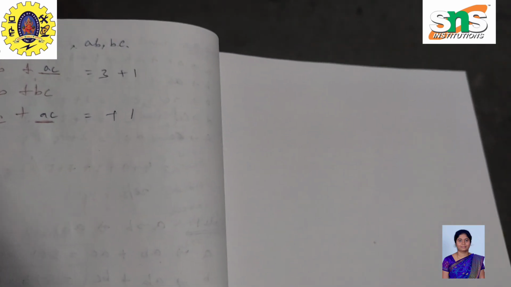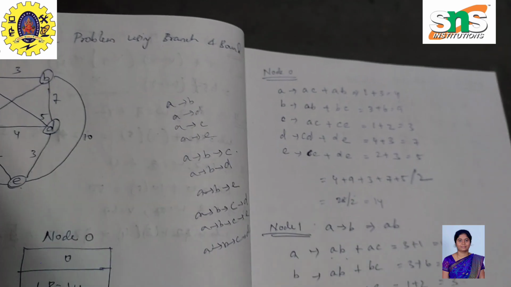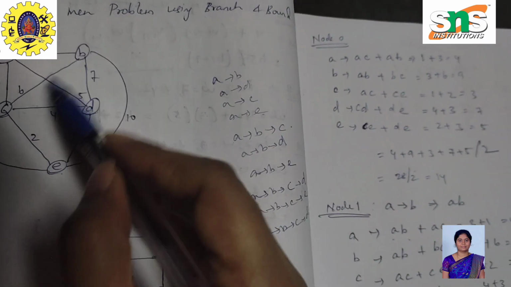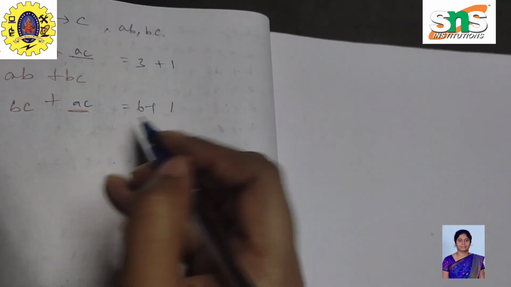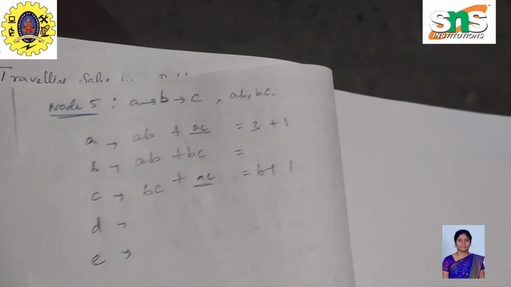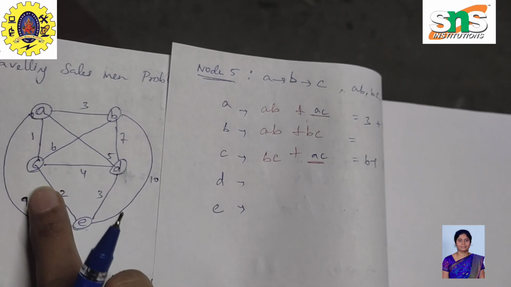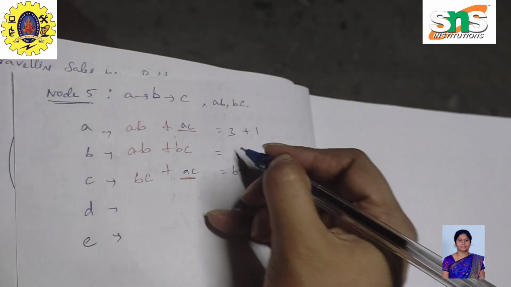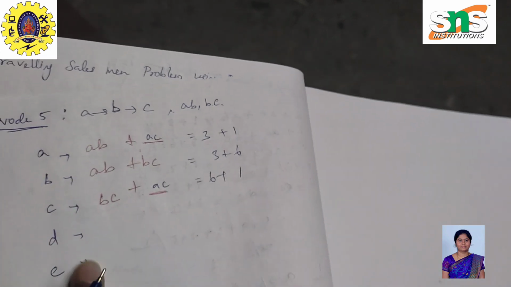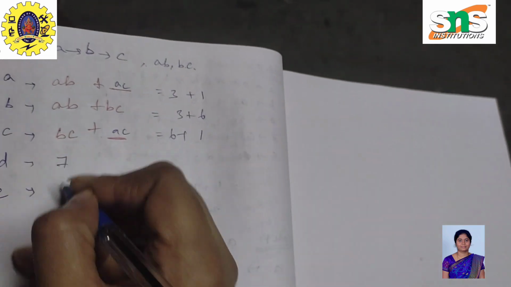And for BC we have value 6, that has to be written here. AB value is 3 and BC value is 6, so 3 plus 6. And D value is 7 and E value is 5, 7 plus 5.